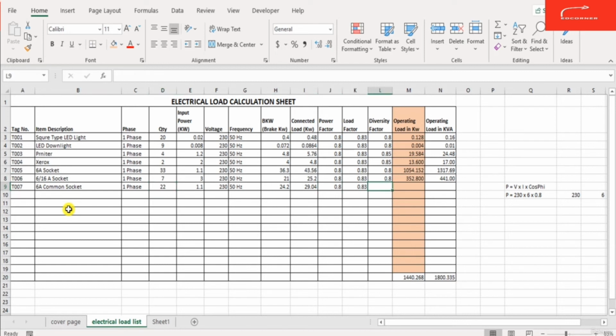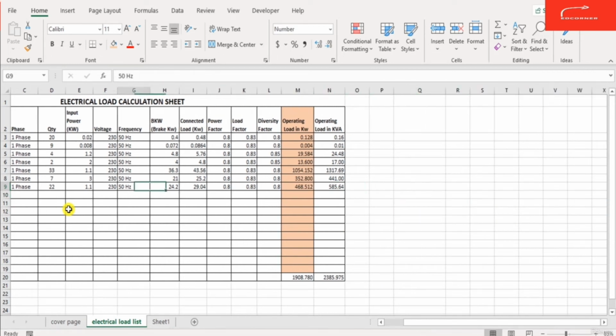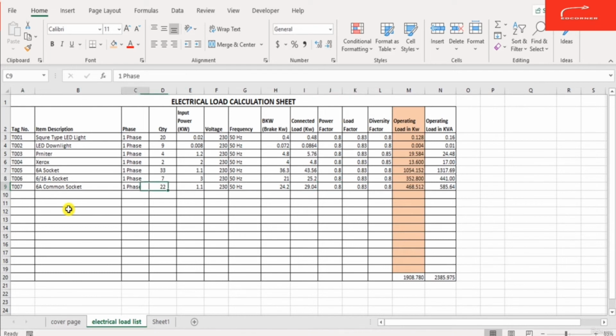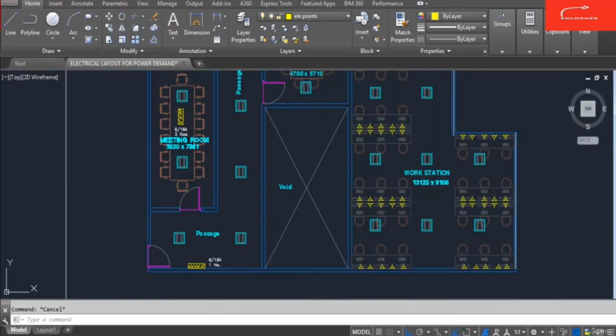The diversity factor will be 0.8, and the multiplication of all this, your operating load in kilovolt comes as 468.5, and the operating load in kilovolt ampere comes as 585.6 by this calculation. So I will delete this calculation, and this is the total requirement of kilovolt and kilovolt power in operating load.